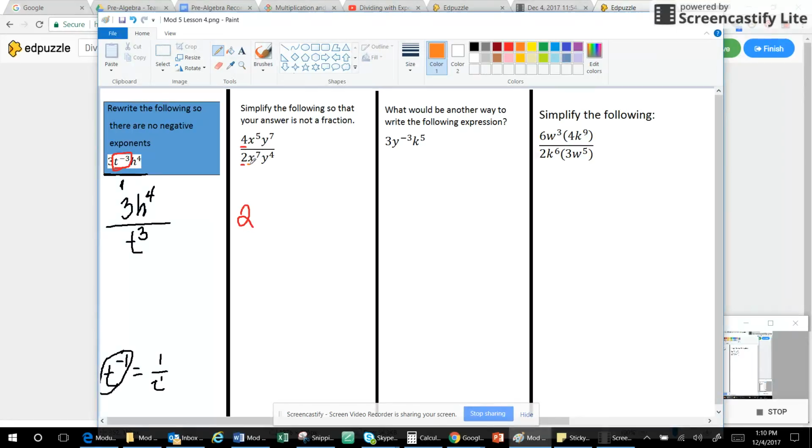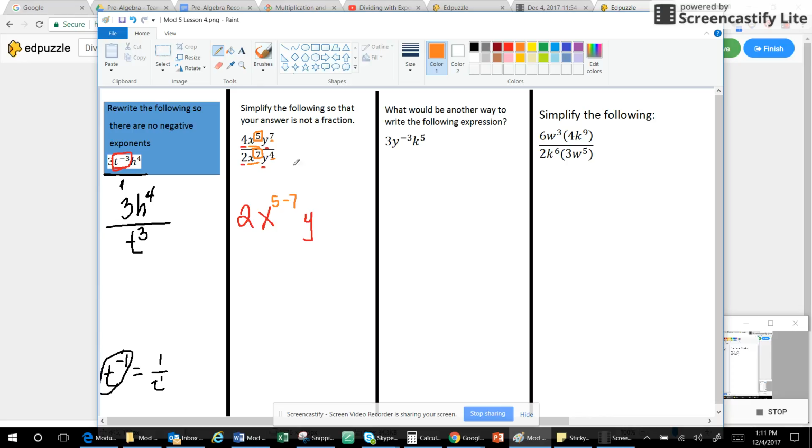Now, from what we learned about dividing exponents, I see I have x to the 5th and x to the 7th. And what do I do with those exponents? I subtract, right? Division, quotient rule for powers, we subtract. So that'd be x to the 5 minus 7. And then we have our y's that we need to look at. And these would turn into 7 minus 4.